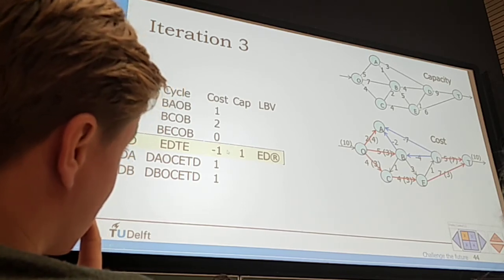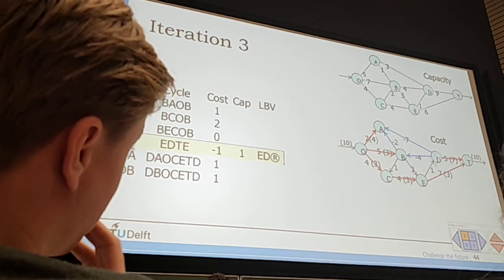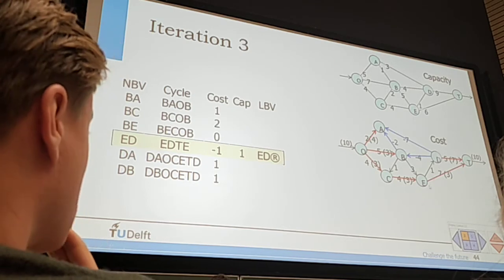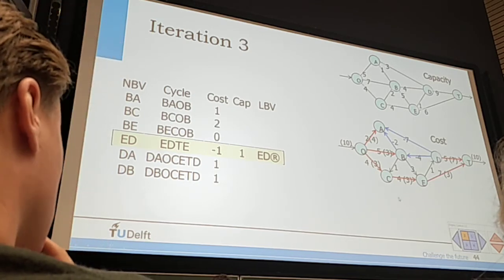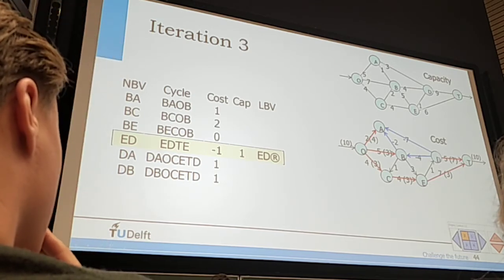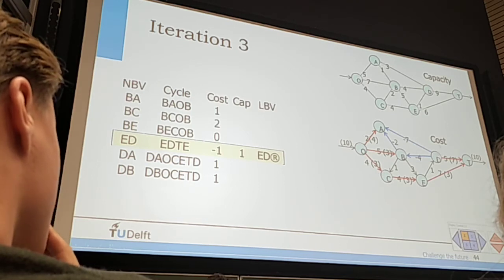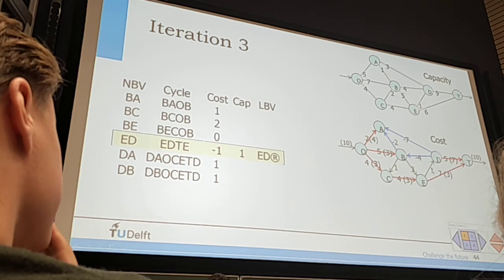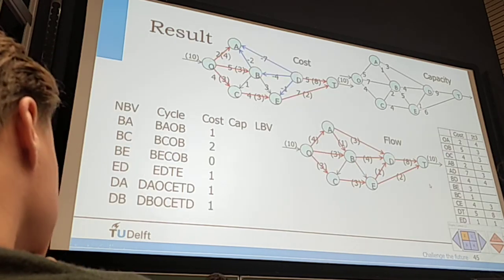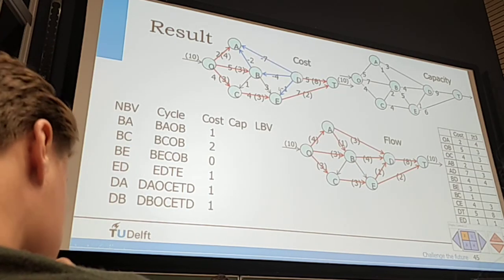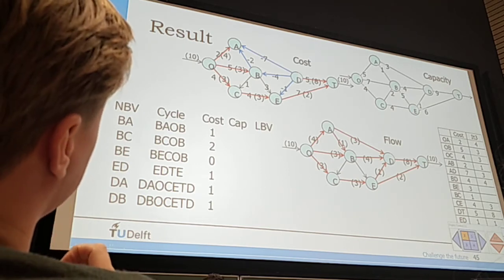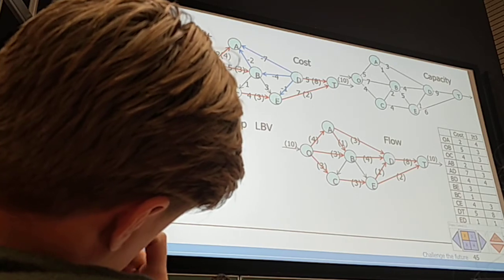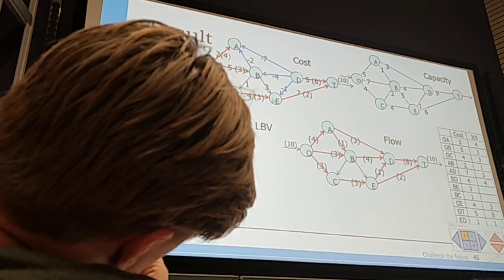The maximum capacity increase there is 1, because ED only has a capacity of 1. If we shift flow to this, we create a cycle, and this will be a maximum flow. This is the limiting one, so ED will automatically become non-basic again, with the flow reversed: a maximum flow in this direction and a non-basic flow in the other.